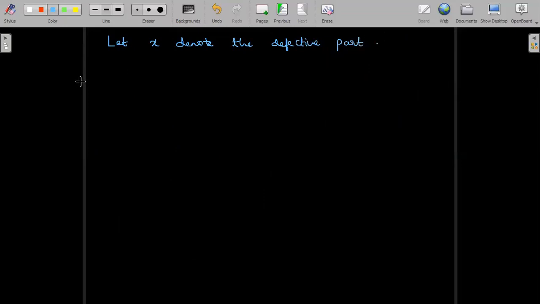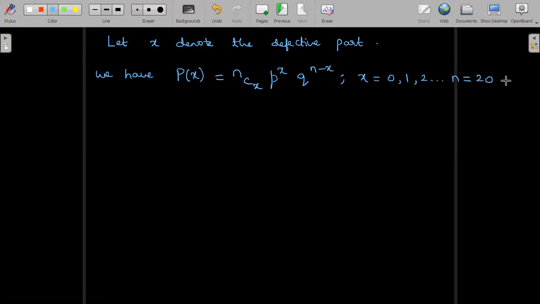Now let us consider the expression for binomial distribution. We have P of x given by nCx p power x q power n minus x. And here x takes the values 0, 1, 2, 3, etc. up to n. And n here is 20 because we are considering a sample of 20.